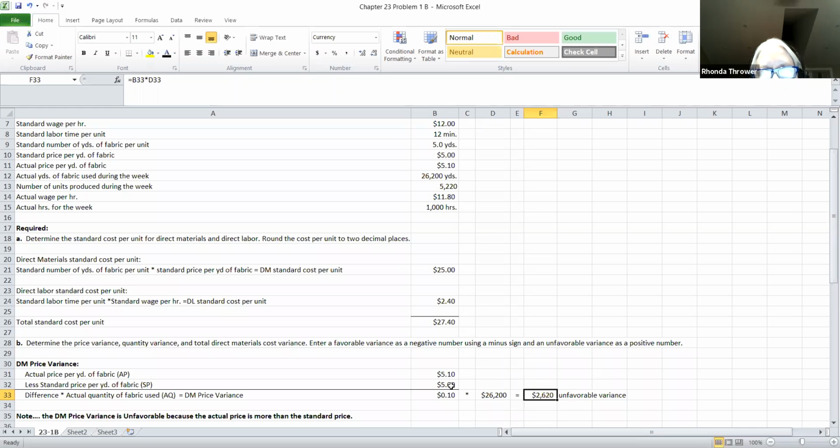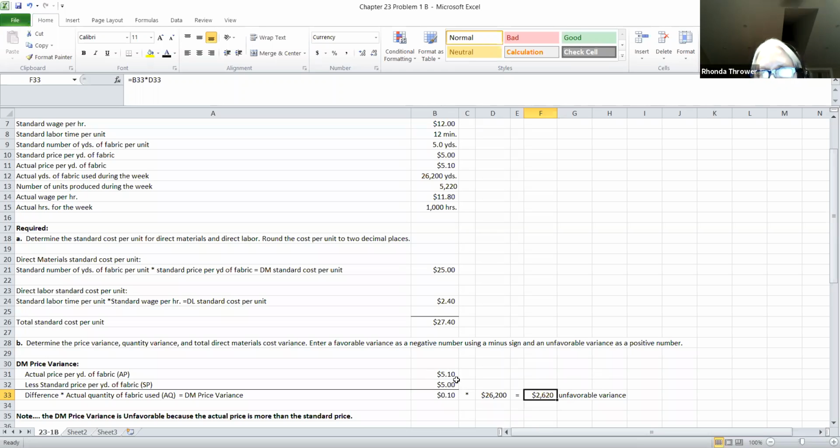We would want to investigate as management why this actual price was more than what we had budgeted for. You will probably go back to your purchasing department and ask them questions about why the actual price was more than what the company had budgeted for.